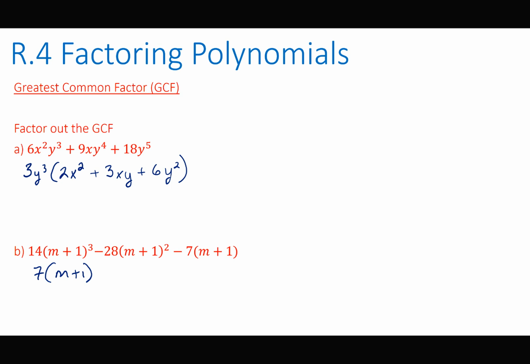There we go. All right, so the first term has 3 m plus 1s, the second one has 2 m plus 1s, the third one has 1 m plus 1. So we can factor out an m plus 1.